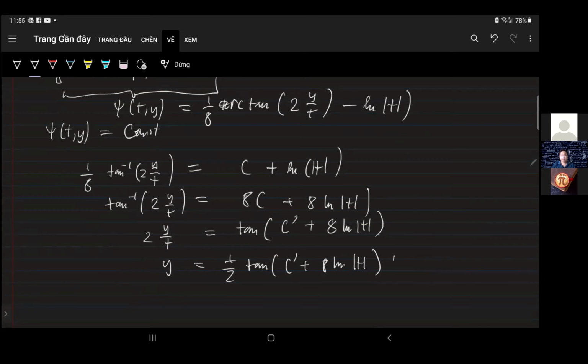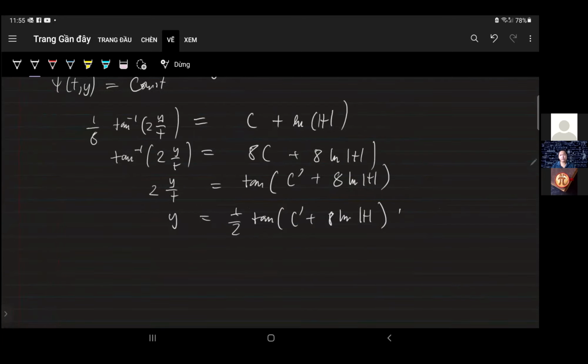Okay, so that is the explicit form if you wonder for that equation.